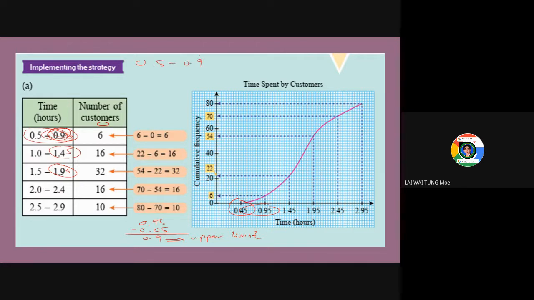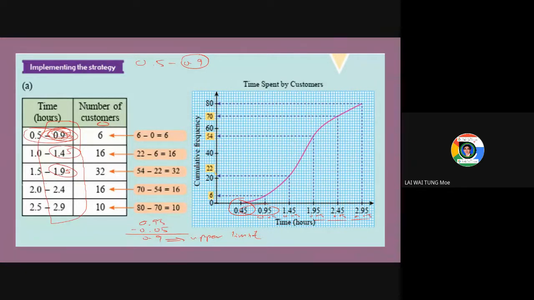So now I want to get my upper limit from this upper boundary. What I do is I just minus 0.05 for each upper boundary, and the answers are my upper limits.